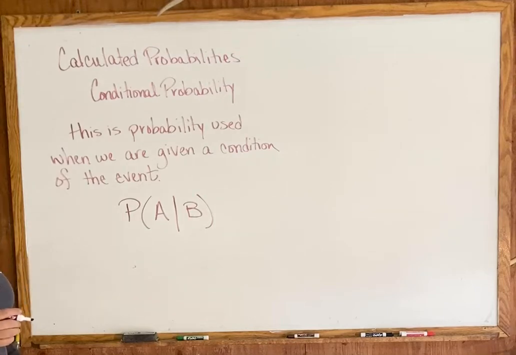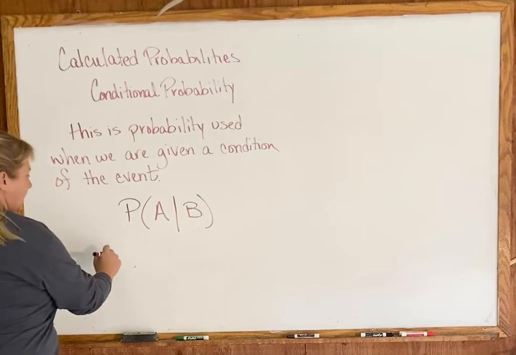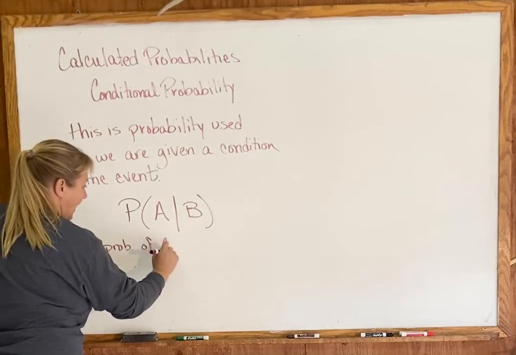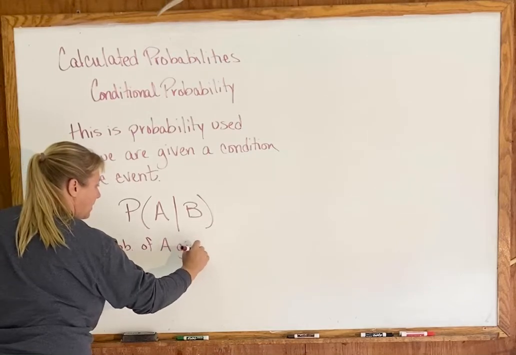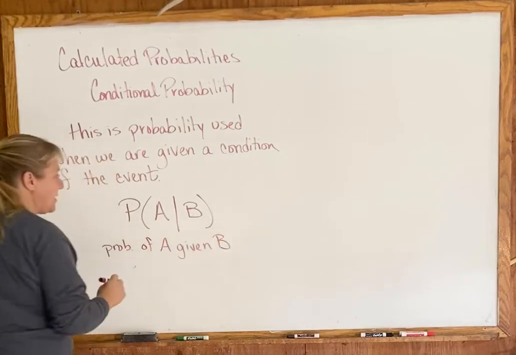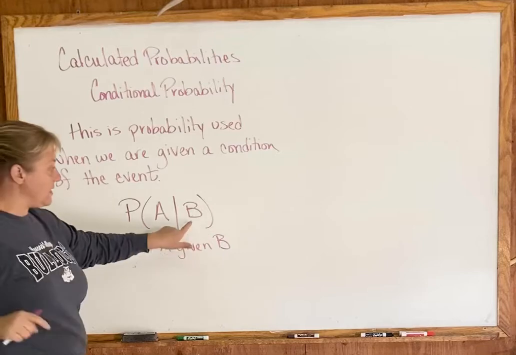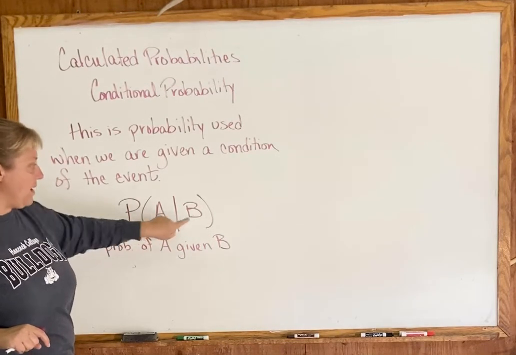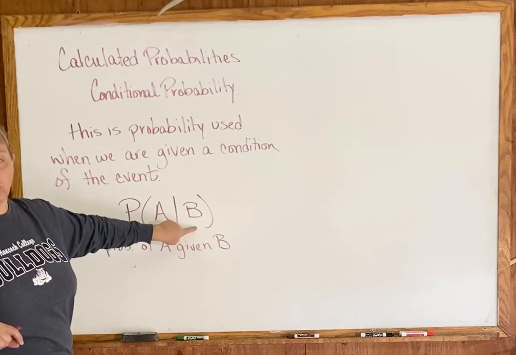And in math, that's the symbol for given. So this is said the probability of A given B. Okay, that's how you say that. So what's going to happen is the condition is going to come second. We're going to find the probability of A, but there's a condition to it.